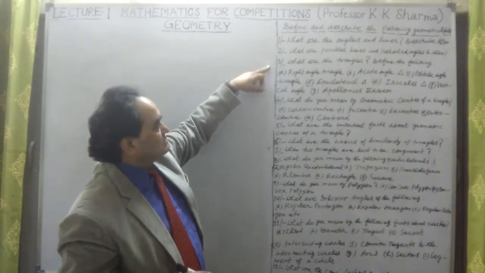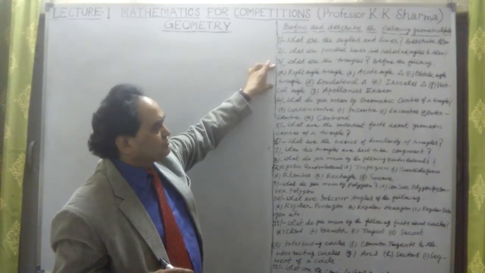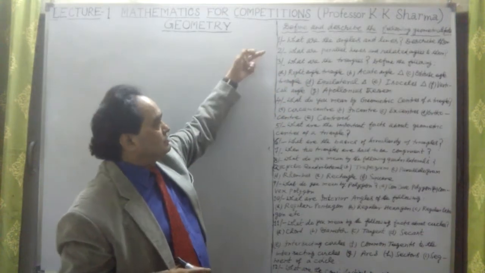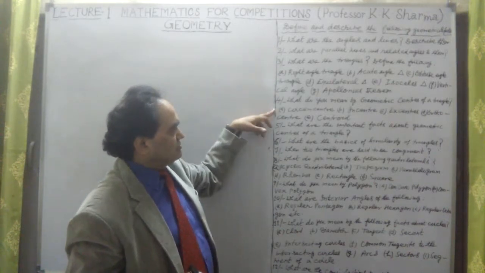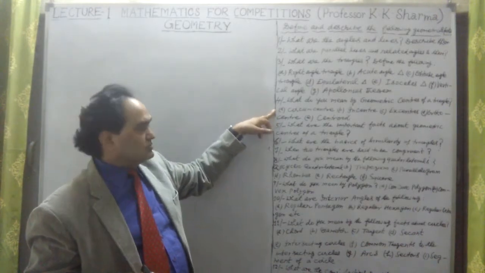Third, what are triangles? Based on triangles, equilateral triangles, I'll take one lecture series completely. Then what do you mean by geometric centers? This is the fourth lecture.